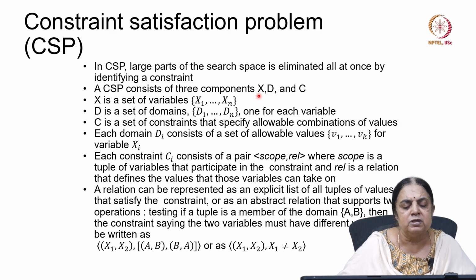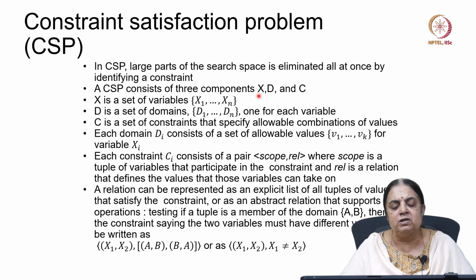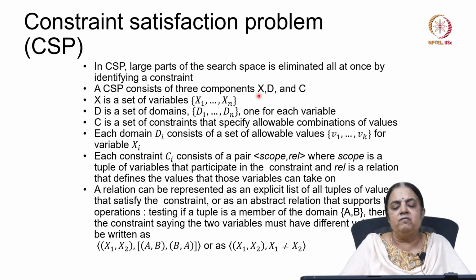D is the set of domains D1 to Dn, so each variable has a domain, a particular range in which its values vary. And C is the set of constraints that specify allowable combinations of values.